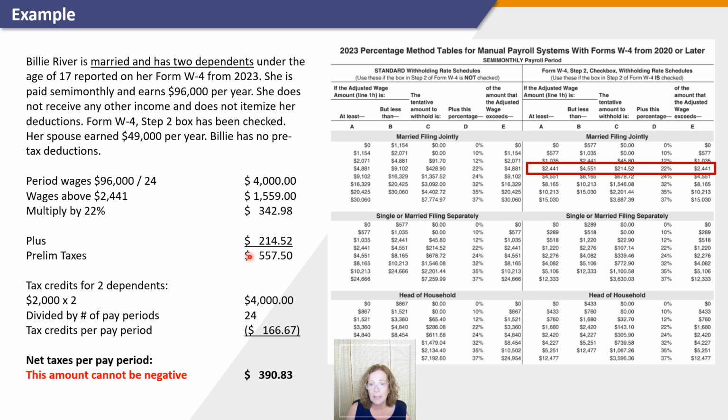We then calculate the semi-monthly tax deduction for the two dependents, which is $166.67. We subtract that from the preliminary taxes and end up with $390.83. Please keep in mind that the final tax amount cannot be negative. Therefore, if the dependent deduction is greater than the preliminary taxes, we enter 0 as the final taxes. What is left to do is to calculate the additional taxes for the spouse's income.